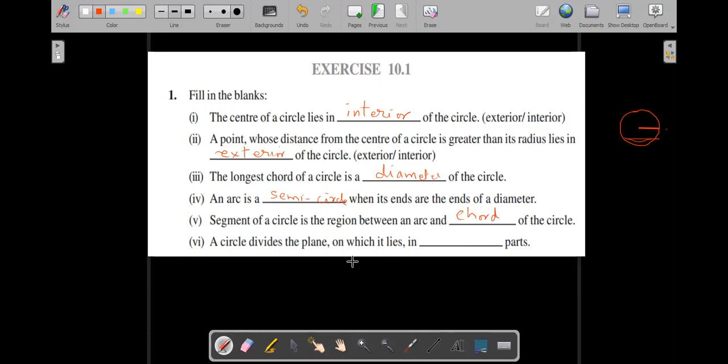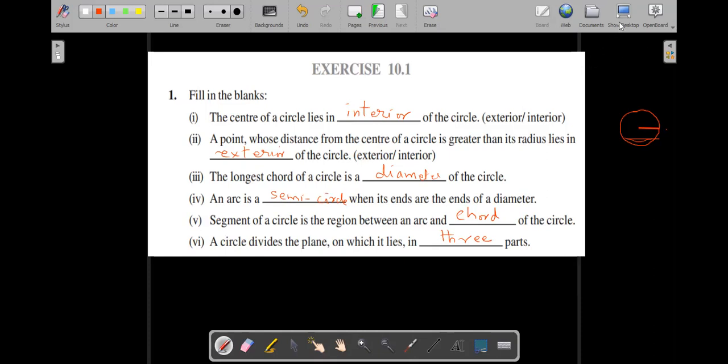A circle divides the plane on which it lies into how many parts? Three parts: one is exterior, one is interior, and the circle itself. So it divides into three parts.